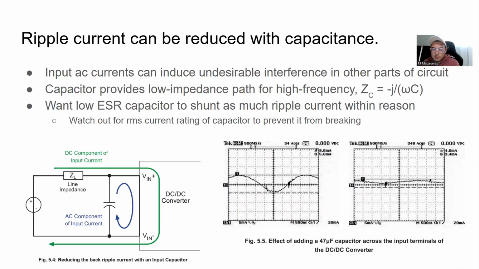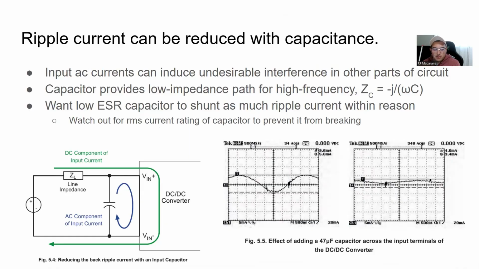So we can actually reduce the amount of ripple current by increasing capacitance. Right, the more capacitance that you have, the slower the rate of change of that voltage will be. And so if you add more capacitance, naturally that ripple current will also decrease.